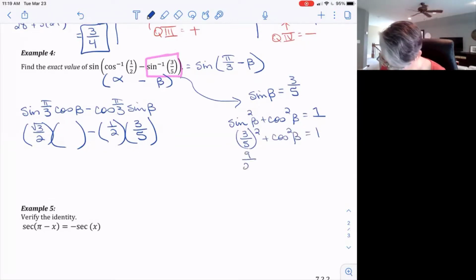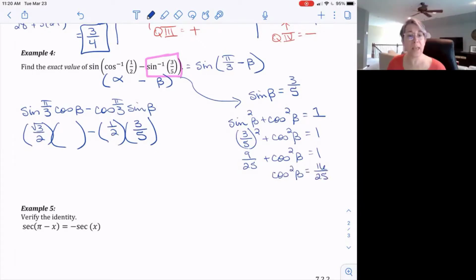This is 9/25 plus cosine squared beta equals 1. So if we subtract 9/25 from both sides, we end up getting 16/25. And when we take the square root, we get cosine beta equals 4/5.